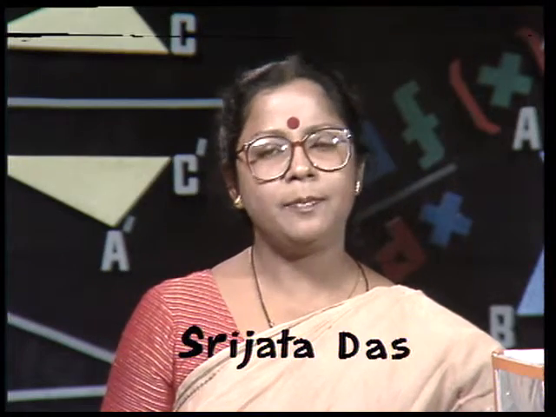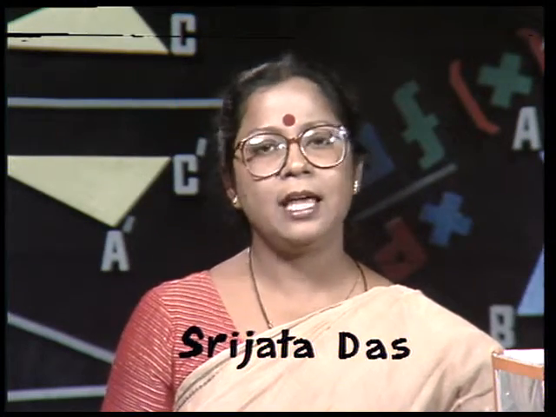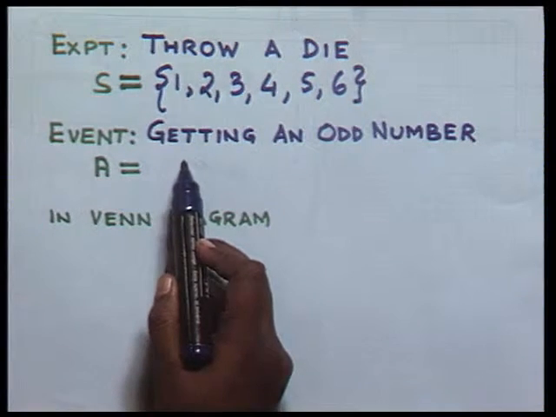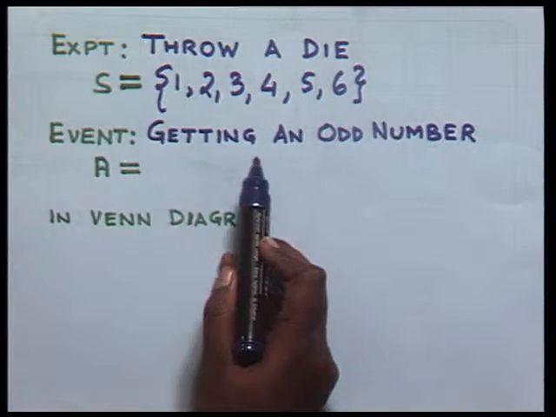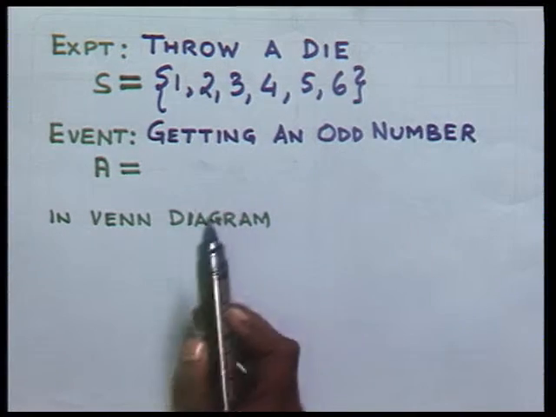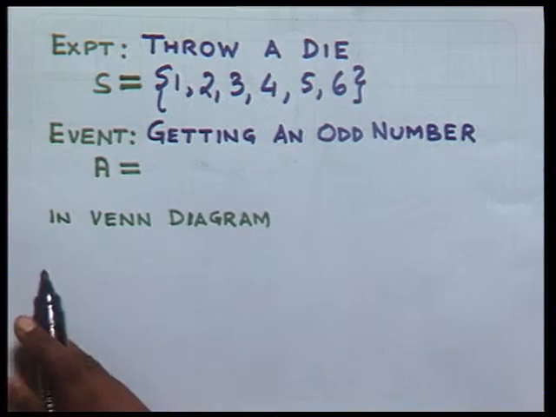As we learned in our previous lesson, an event is a subset of the sample space defined under definite rules or described by a statement. The event for this particular random experiment has been described by the statement getting an odd number. Now, if we ask the question, is the number shown odd, if the answer is no, then we say that the event has not occurred.